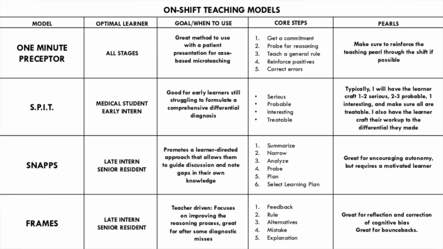Well, I do want to take a few minutes just to summarize what we learned today, which is quite a bit. I do want to start with SPIT. That's the first one we did with Monique here. It stands for Serious, Probable, Interesting, and Treatable. This is a great differential diagnosis crafting tool built primarily for early learners that helps them when they're stumped and lets them not forget life-threatening diagnoses that could harm the patient.